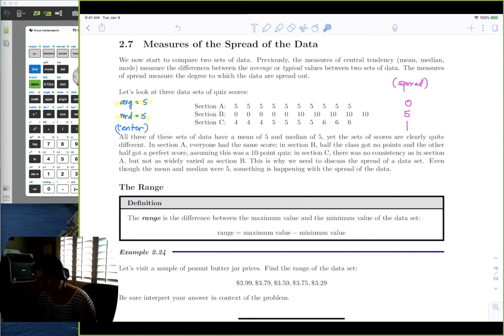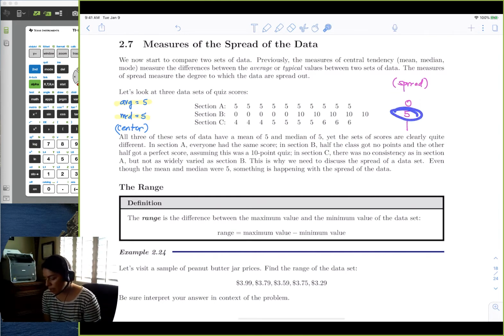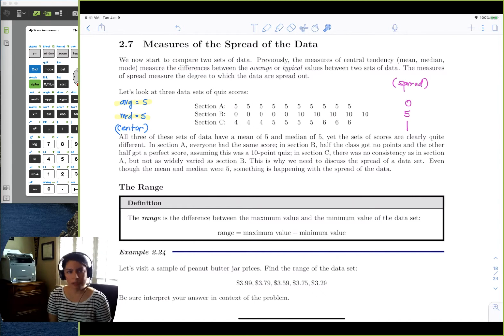So now let's take a look. We have 3 sections of quiz scores. All have an average of 5 and a median of 5. That's the center. But when I start looking at average distance from that center, I notice that it's different for each section. The first section didn't have any distance from the mean, section B had 5 points from the mean, and section C had 1 point from the mean.